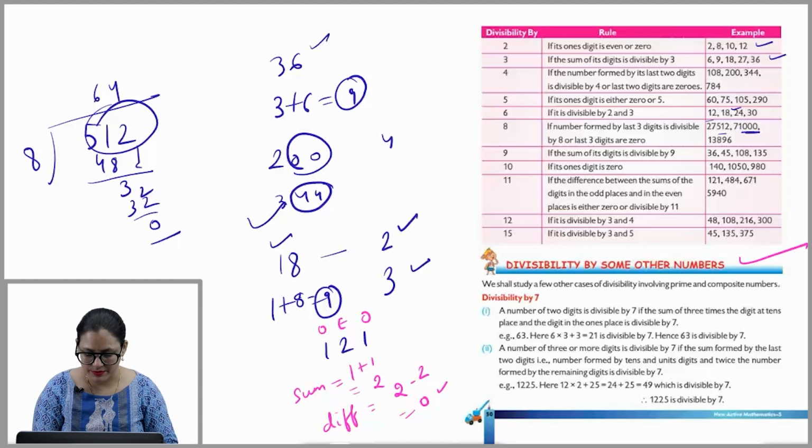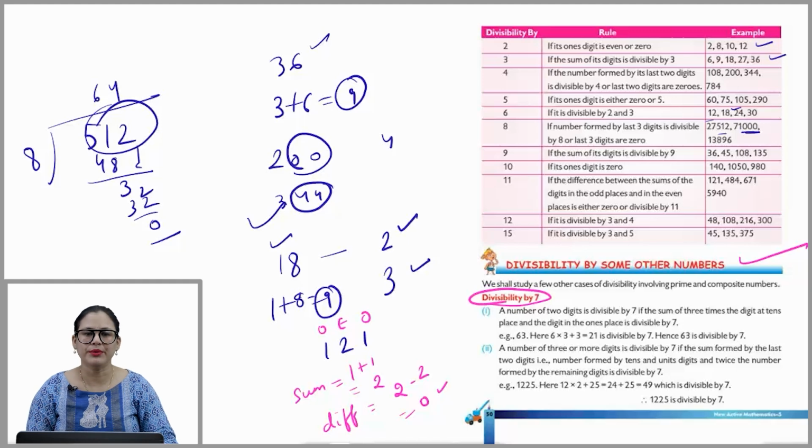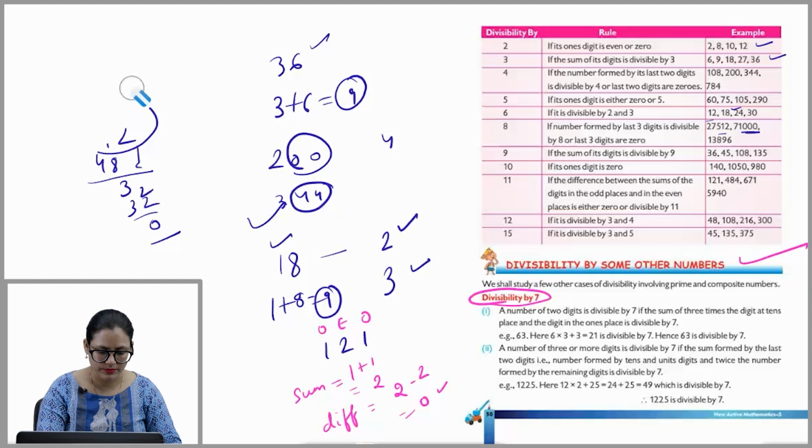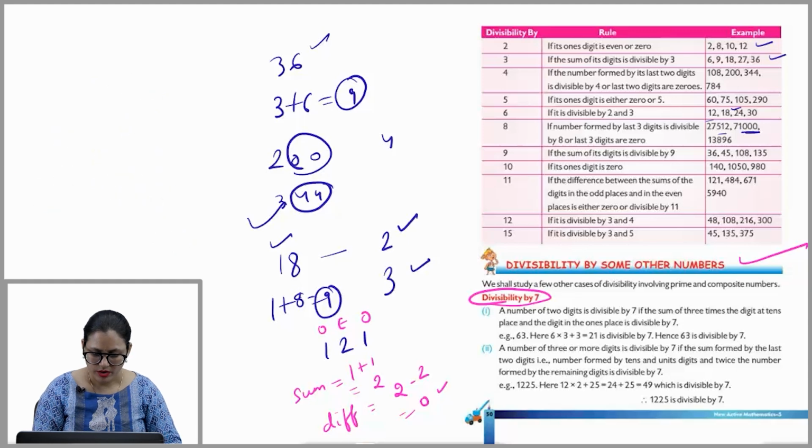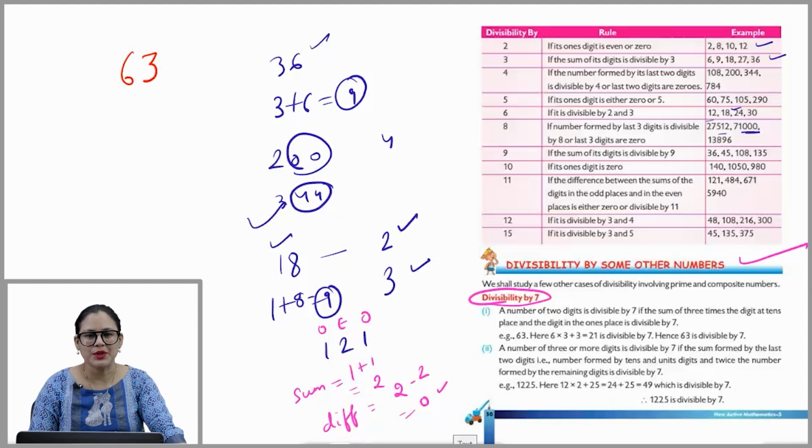Divisibility by 7. A number of 2 digits is divisible by 7 if the sum of 3 times the digit at tens place and the digit in the ones place is divisible by 7. Example 63. Okay, what does the rule say?